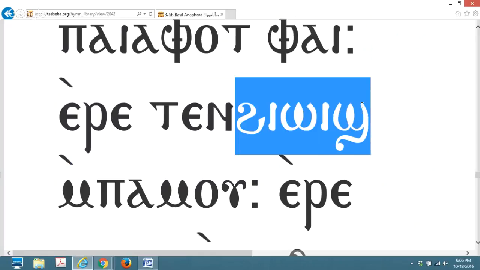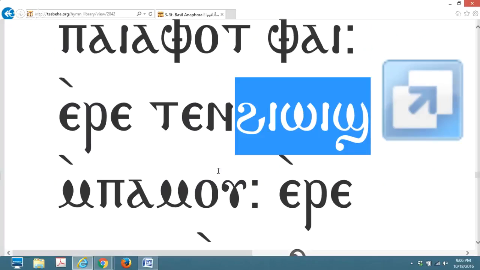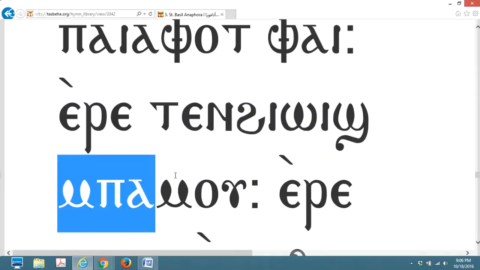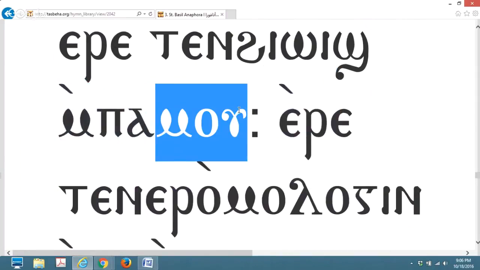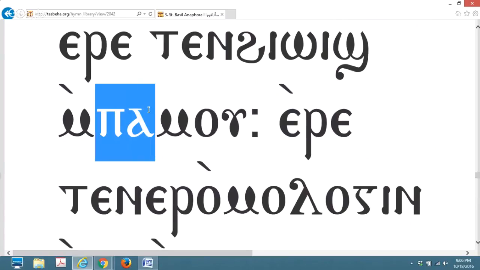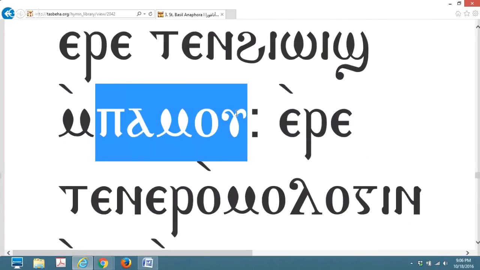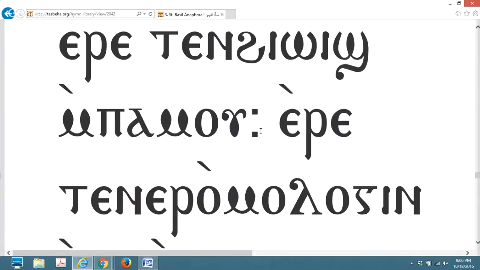So the verb here is preach or proclaim. So it's preaching or proclaiming. So you are proclaiming. What are you proclaiming? Pa mu. Mu means death. So pa mu means my death. So you are proclaiming my death.